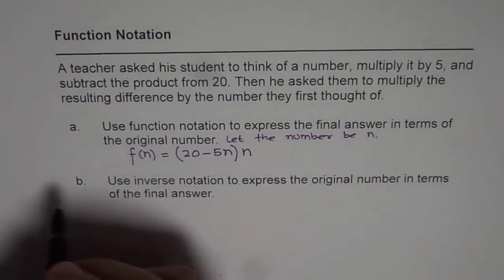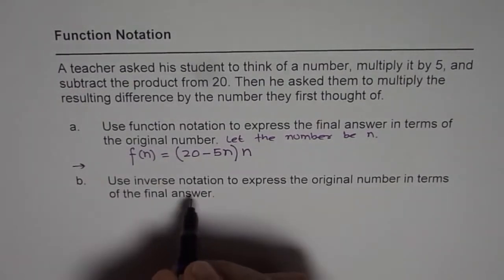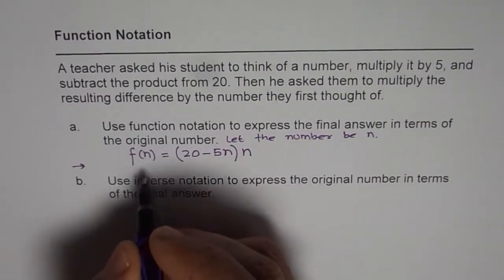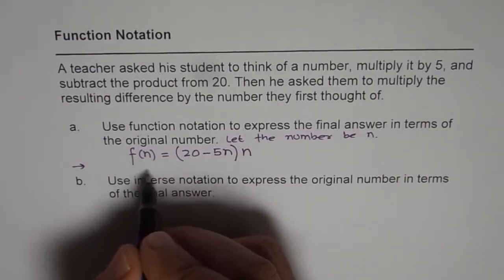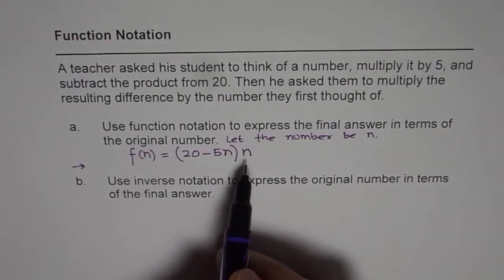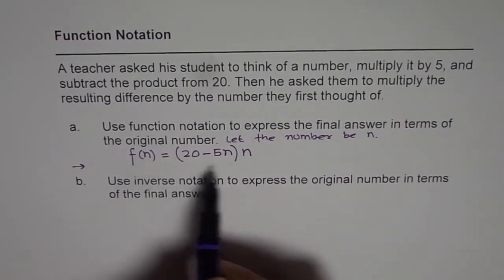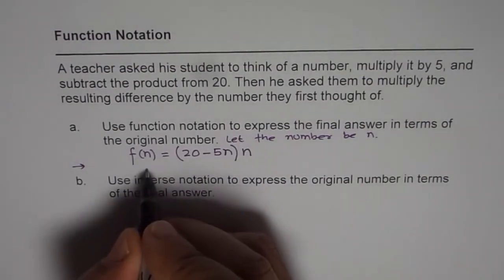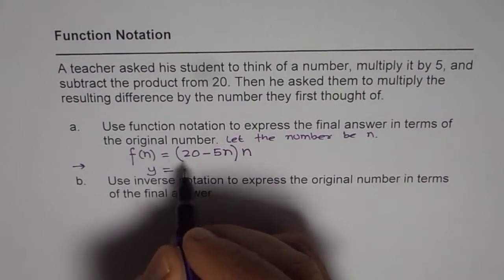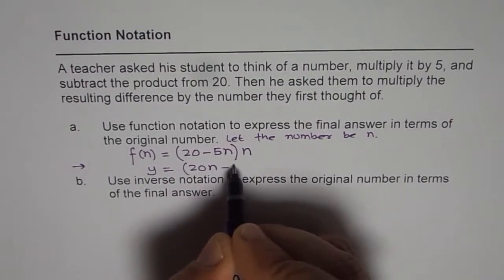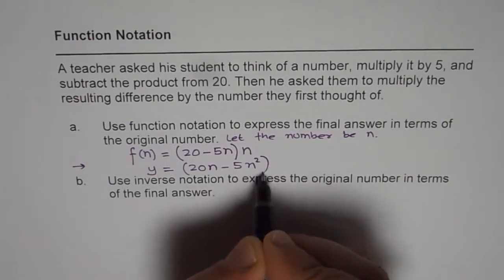So for part B, let me start from here. Let me use x and y notation now. When we are doing inverse, we replace the independent variable by x and the dependent by y. So let me write this as y equals, and expand this also, 20n minus 5n squared.